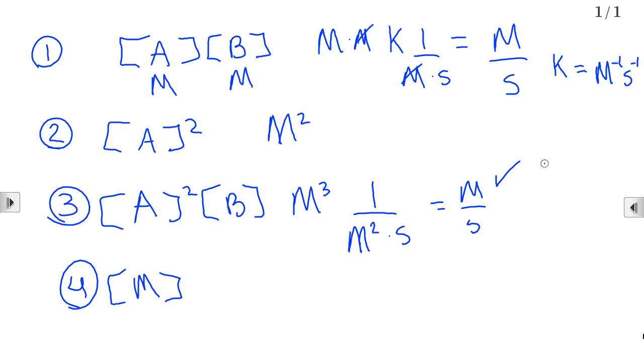So for third order, I have M^-2, and then S^-1. And that just means I've got an M squared and an S on the bottom. Now for first order, can I do this one?